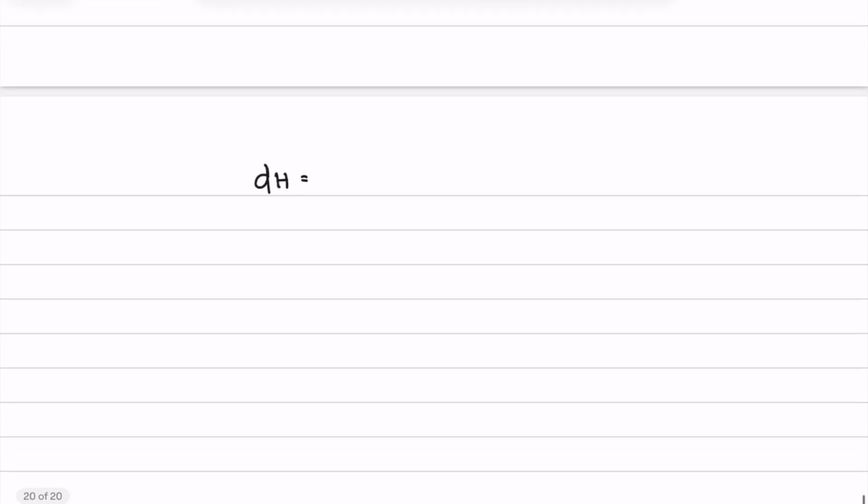Therefore, dH is equal to TdS. Change in enthalpy is equal to temperature into change in entropy, when dP is equal to 0. From enthalpy and entropy, we will be able to understand the isobaric process.